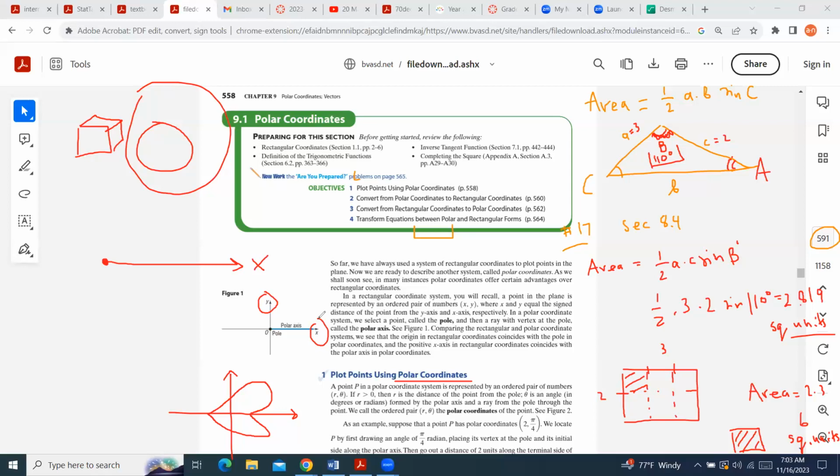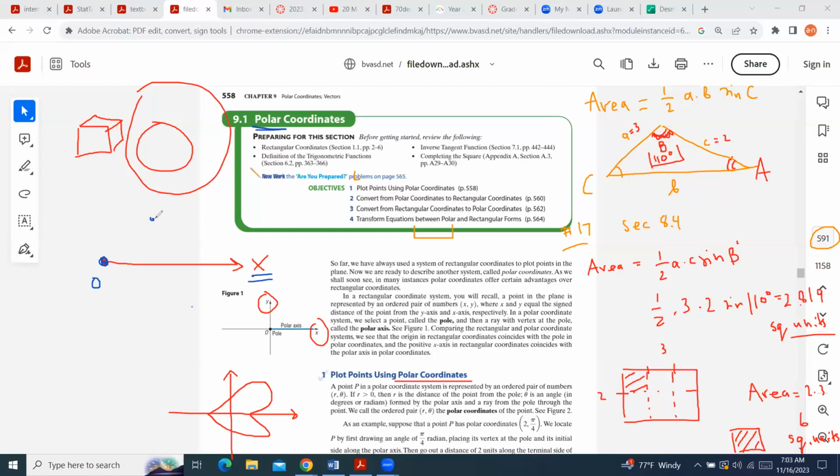But it turns out that there is a totally different description of points on the plane that is called polar, in terms of a pole that we call 0, and in terms of the positive direction of the x-axis.